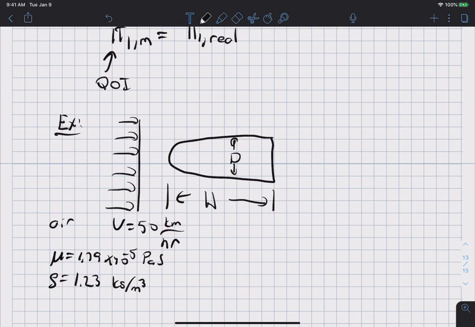Okay, and D equals 0.1 meters and H equals 0.3 meters.